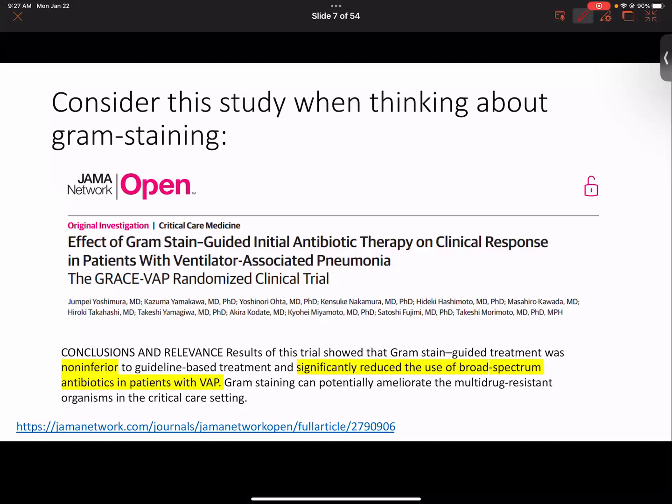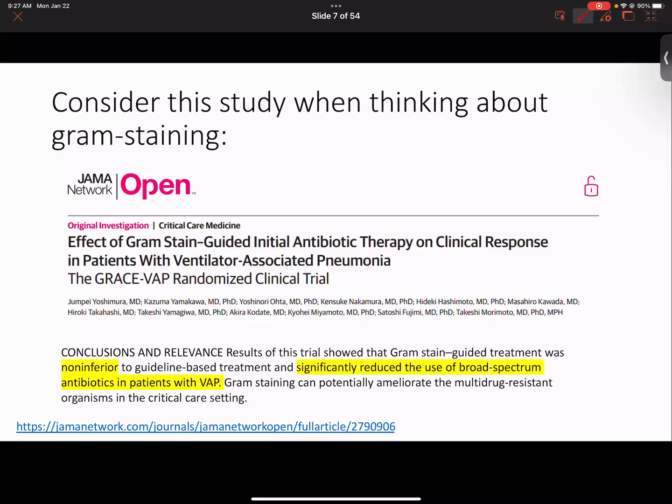There's decreased mortality in the gram stain group versus the standard of care antibiotic group, 13.6 versus 17.5%. Okay, so do you need to load up everybody with broad spectrum antibiotics at the onset of ventilator-associated pneumonia? Or can you really rely on this old but reliable technique to help inform your decision?